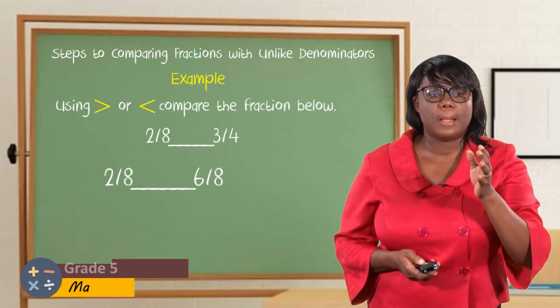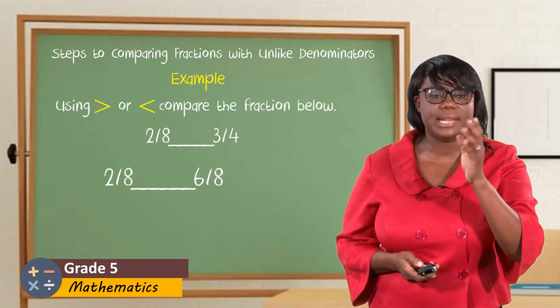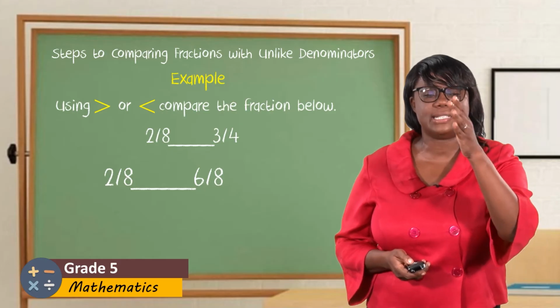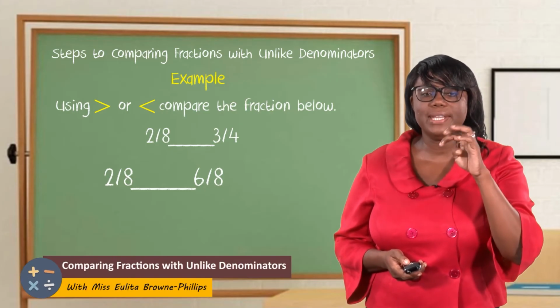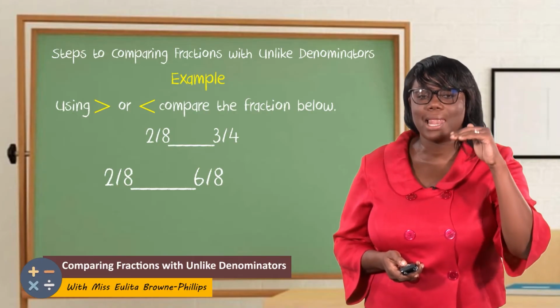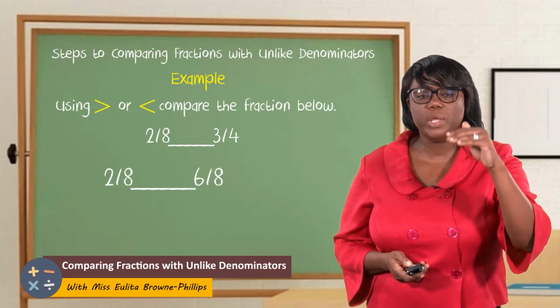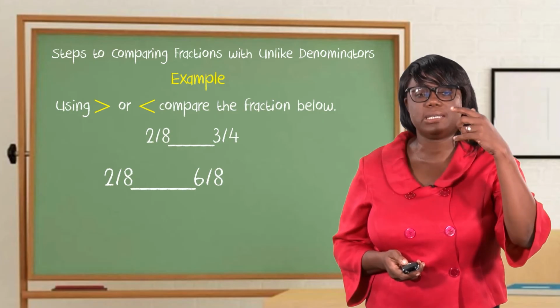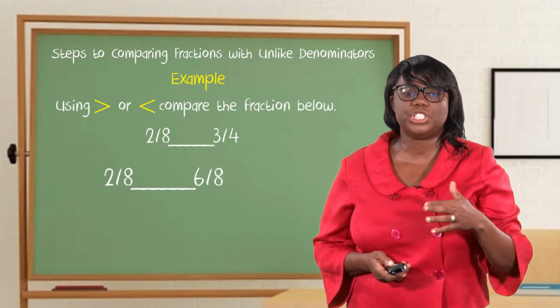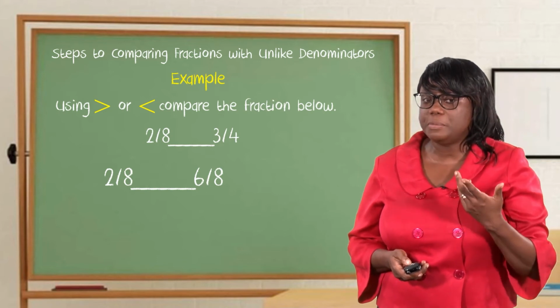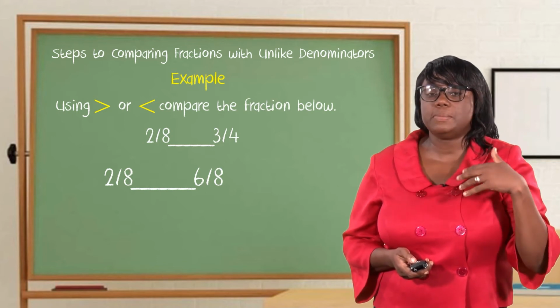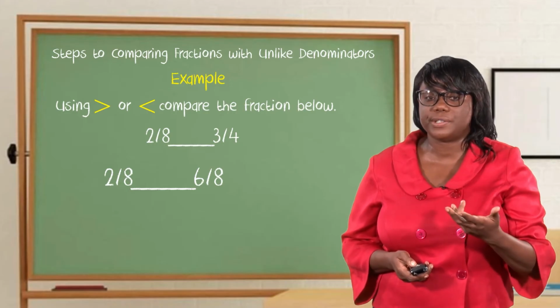So let's compare these two like fractions that we have. The fractions that we made like are 2/8 and 6/8. Now we learned that when the denominators are alike, we look at the numerator to decide which fraction is greater. The fraction with the greater numerator becomes the greater fraction.